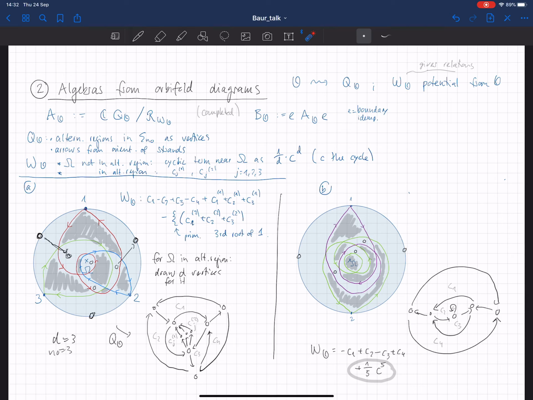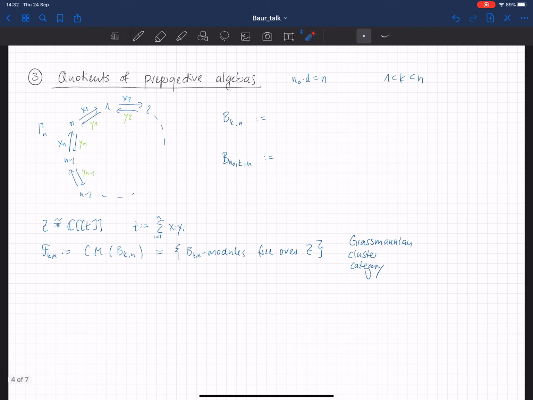Okay, well, that means we can associate algebras to these orbifold diagrams. Now I also want to find categories or modules for these algebras, but really they are for algebras given as quotients of pre-projective algebras. For that, I've drawn here an affine type A quiver with doubled arrows, and I will define B_{k,n}, where k is between 1 and n, as the path algebra of this quiver modulo the relations xy minus yx.